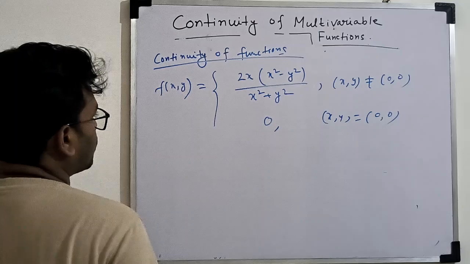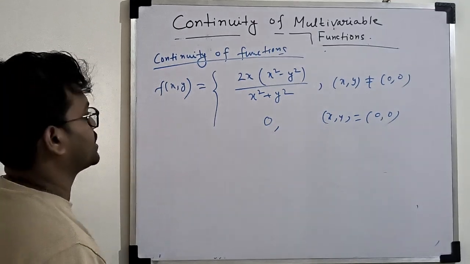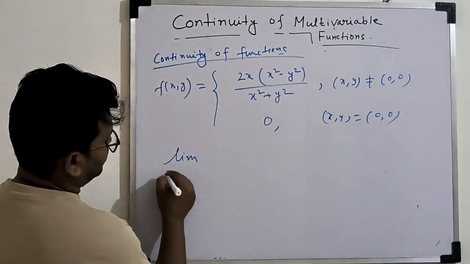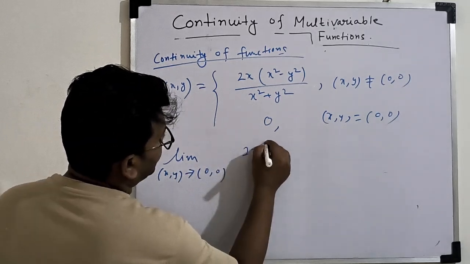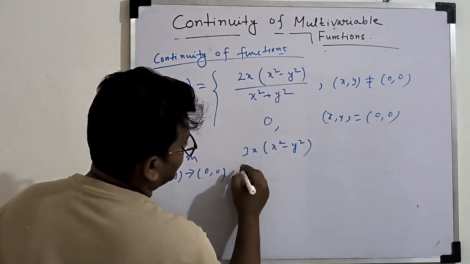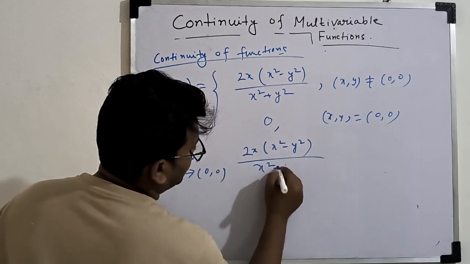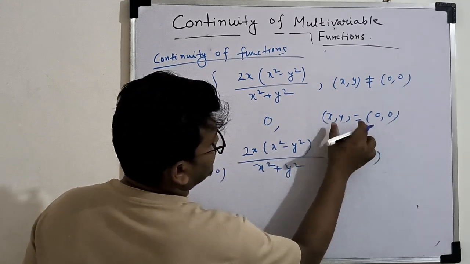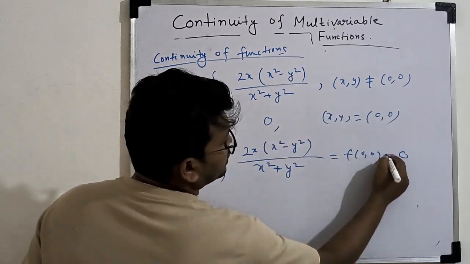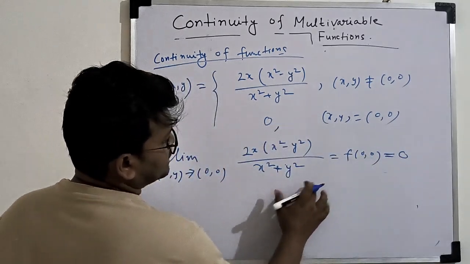So we have to show this function is continuous. For continuity, we have to find the limit as xy tends to 0, 0 of 2x into x square minus y square divided by x square plus y square. This should equal f of 0, 0, which is 0. So we have to show that this limit is equal to 0.